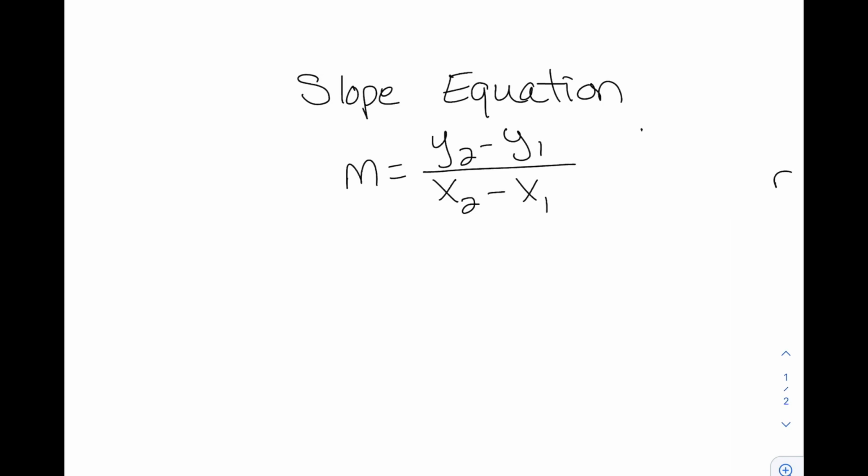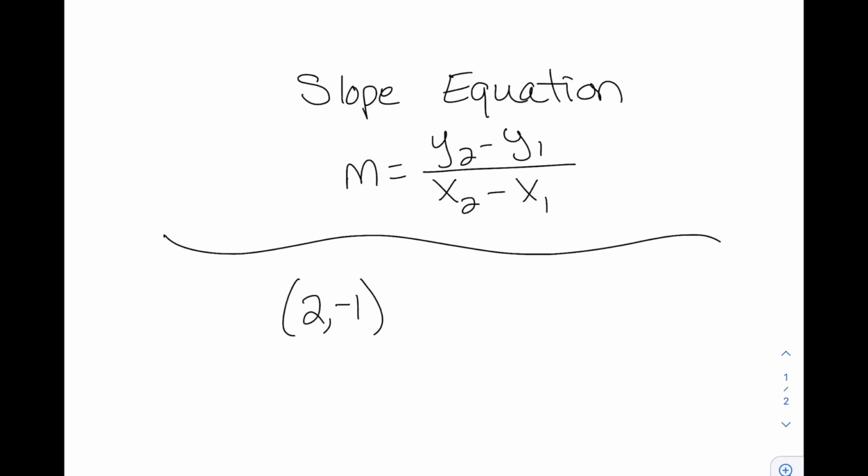Let's go ahead and look at what happens with the points. When you're given 2 points, and I'm just going to write 2 points here, (2, -1) and (7, 5). There are an infinite number of points that go through a line, but if you know 2 points on a line, you can find the slope without even looking at a coordinate graph.